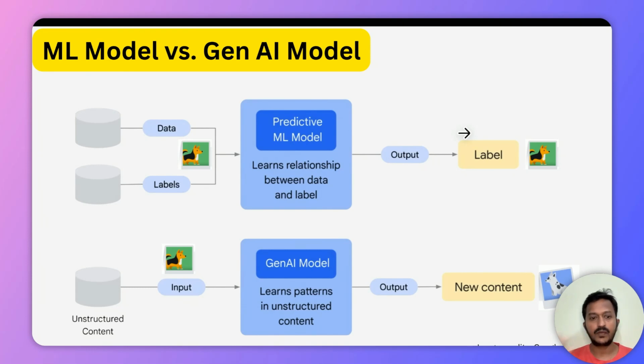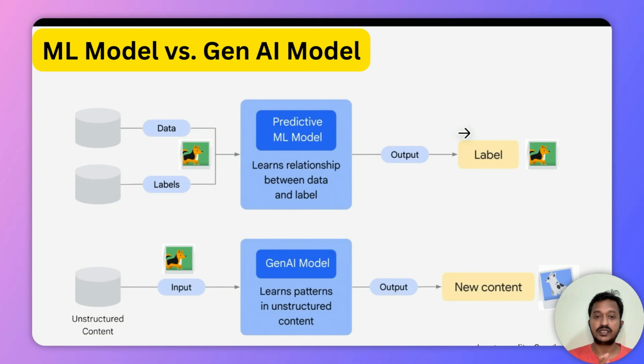For example, the data is an image of a dog and the label is dog. When you feed it to a machine learning model, it learns the relationship between data and label. And the output, if you ask, "Hey, is it a dog?", it'll just say, yes, it is a dog. It doesn't generate anything new.